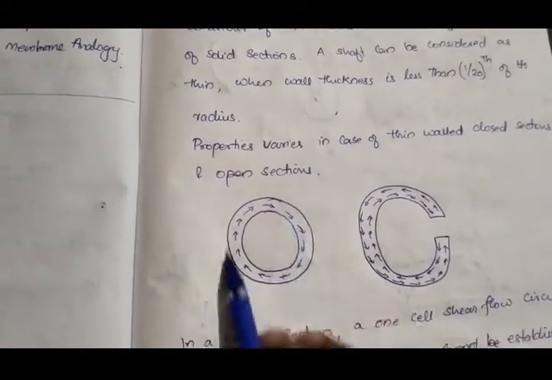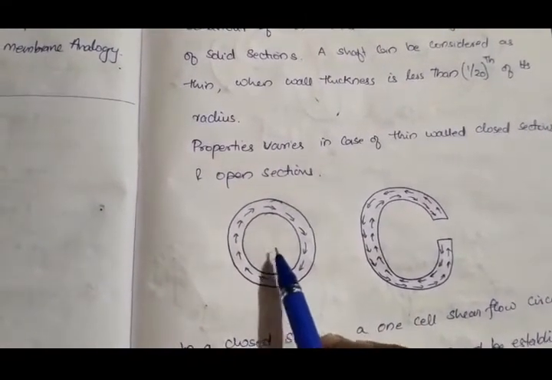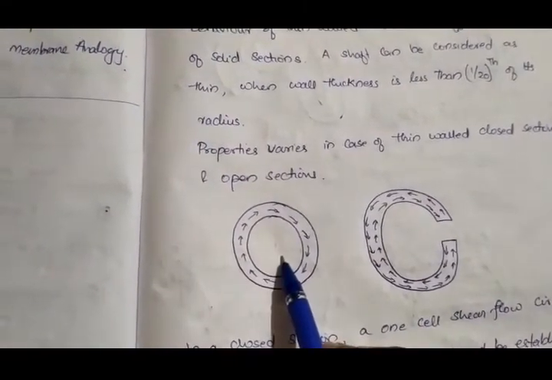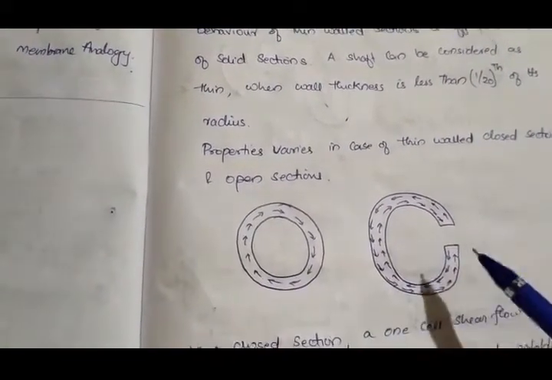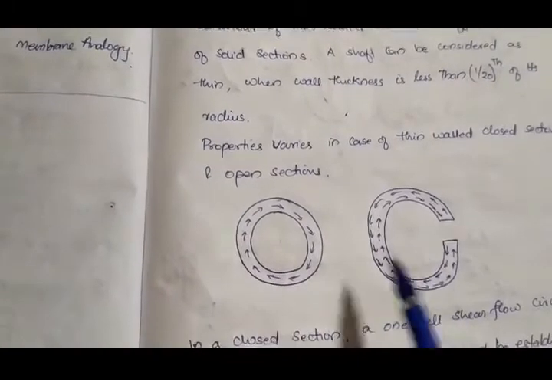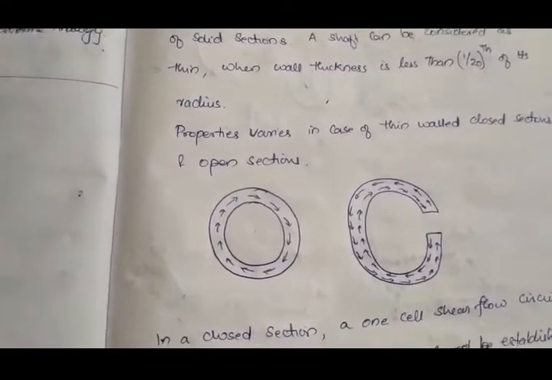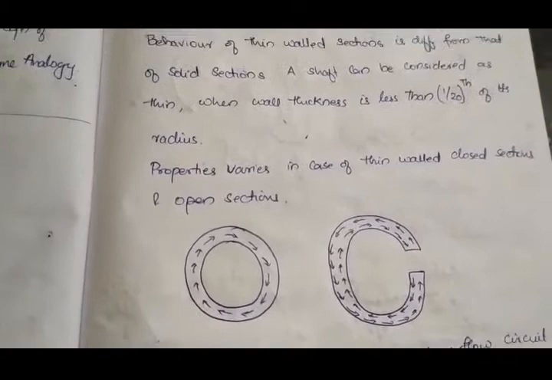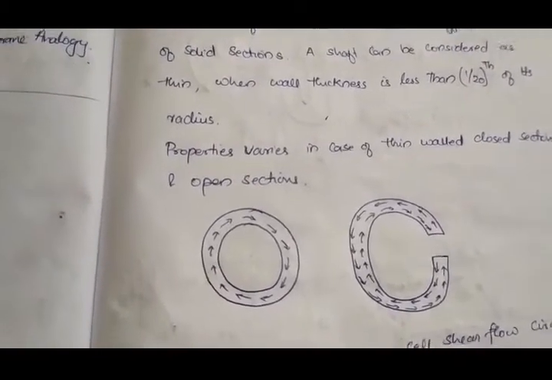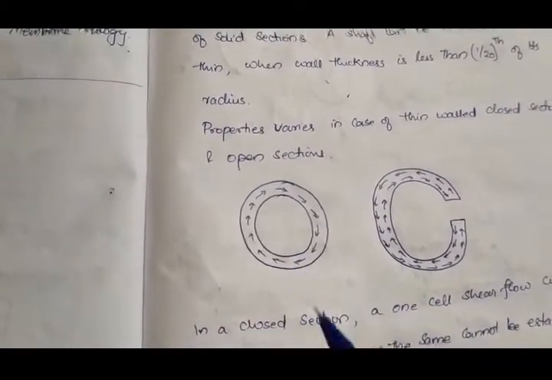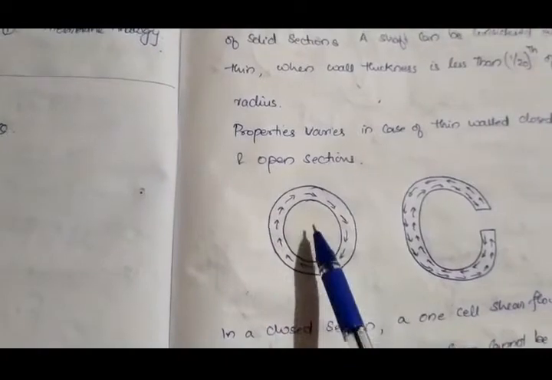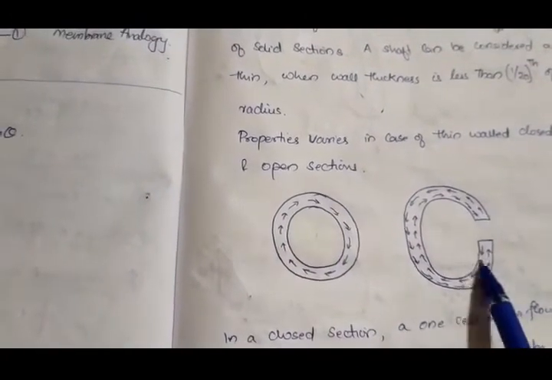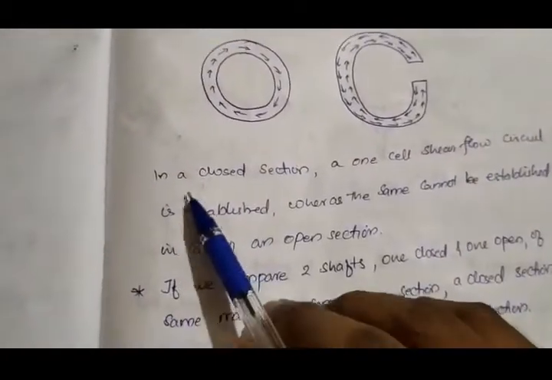More torque can be applied on the closed section, whereas that much torque cannot be applied on the open one, if they have the same area, same material, etc. For a closed section, if you are twisting it, you can have more torque here than here. That is what is discussed here.